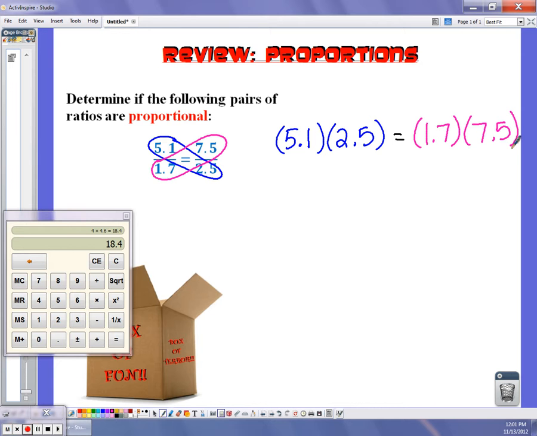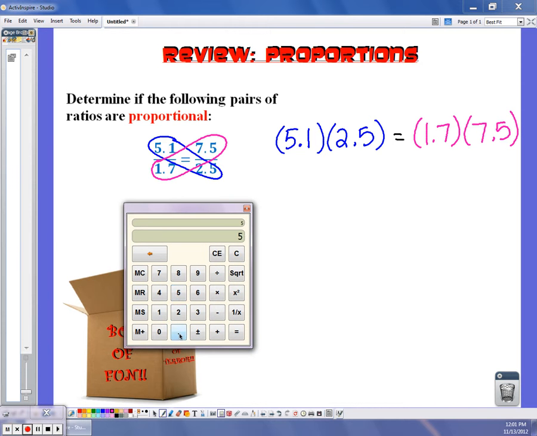We'll do our multiplication. 5.1 times 2.5 will give us 12.75, and that is equal to, and we'll do 1.7 times 7.5, and that will also give us 12.75.